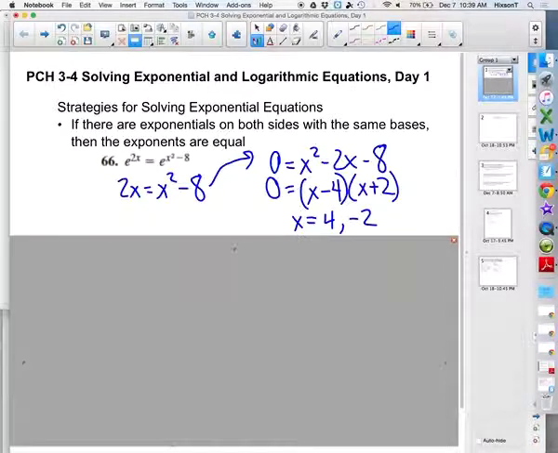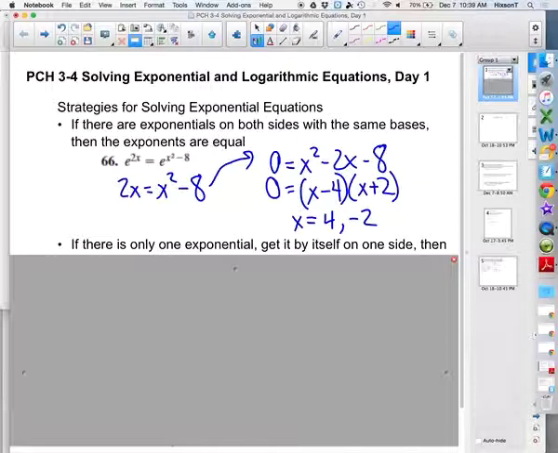There's actually two possibilities here. So that's the first strategy here: look out for cases where you have the same base on both sides of an equation.